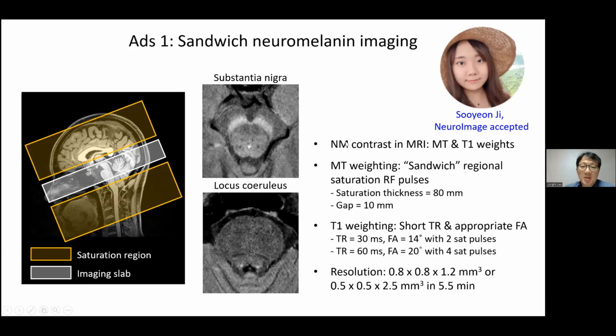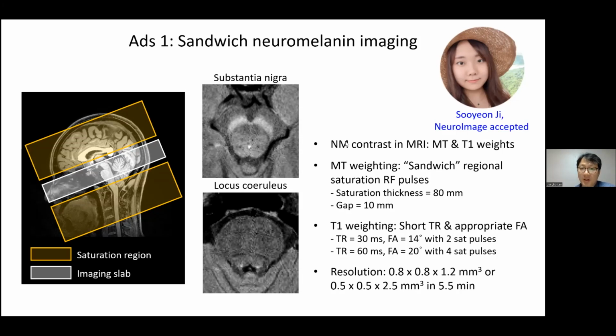One of them is neuromelanin imaging, which has become a new powerful contrast that allows you to visualize the neuromelanin in the brain, especially in the substantia nigra or locus coeruleus.